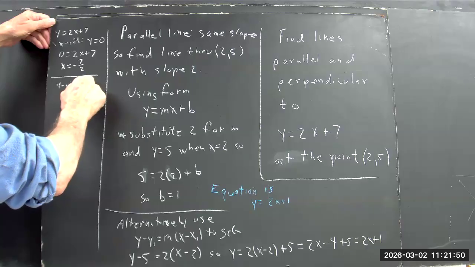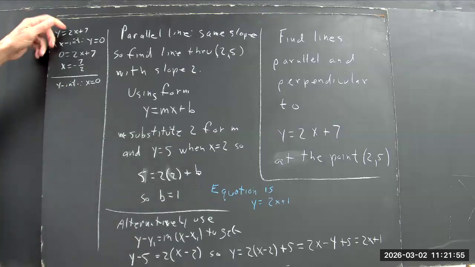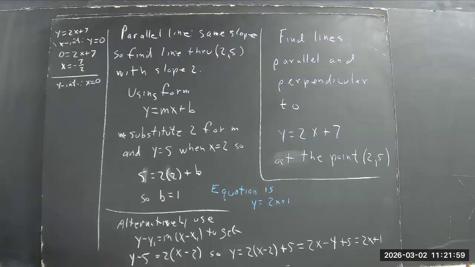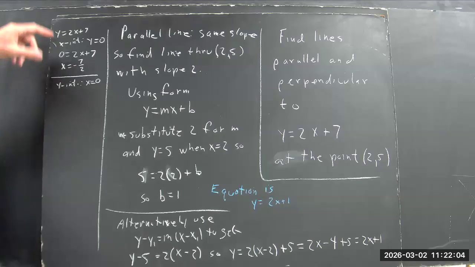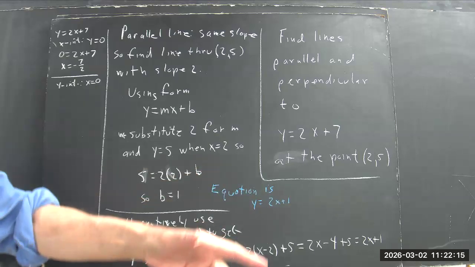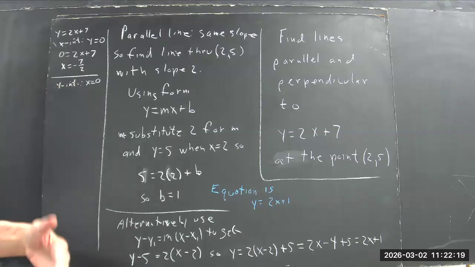The y-intercept occurs when x equals 0. When you're writing these out, you want to write those things out so you remind yourself that the x-intercept occurs when you're on the x-axis and y is 0, and the y-intercept occurs on the y-axis where x is 0.